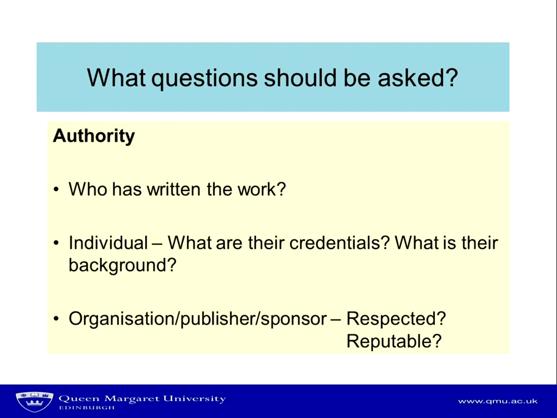What's their background? They may very well give you a biography of the individual. Do they really know what they're talking about? Do they have the knowledge and do they have the expertise? If it's an organisation, publisher, sponsor even, are they well respected? Do they have a good reputation in the field of interest?